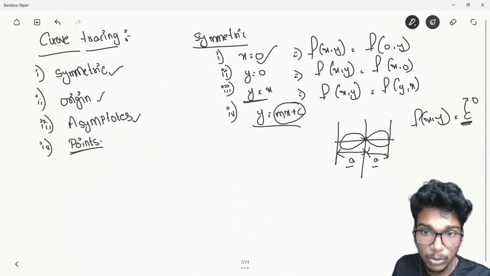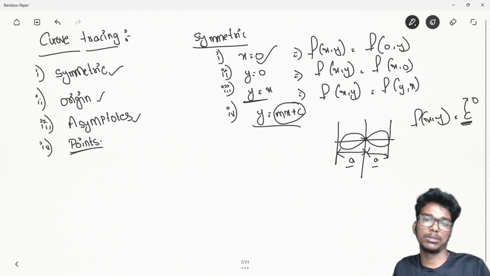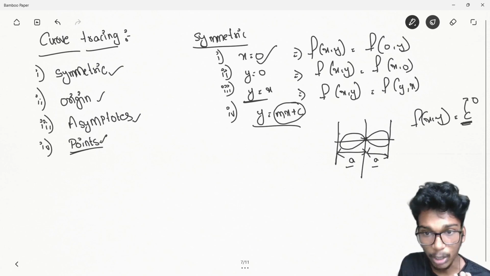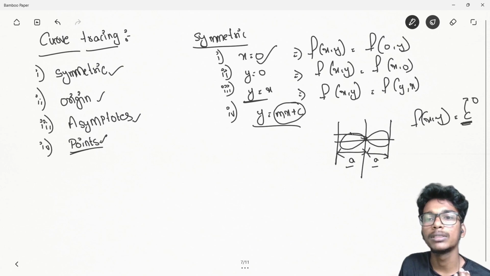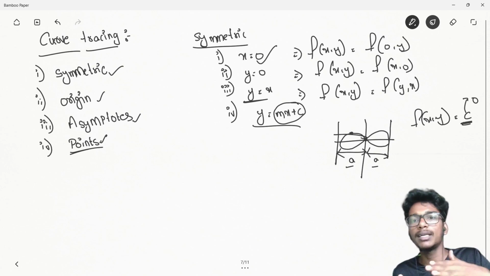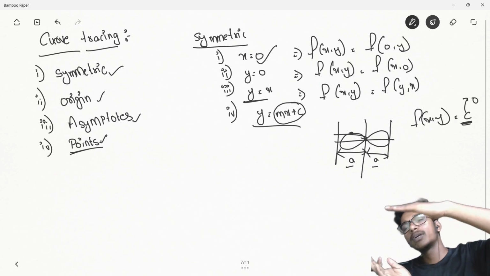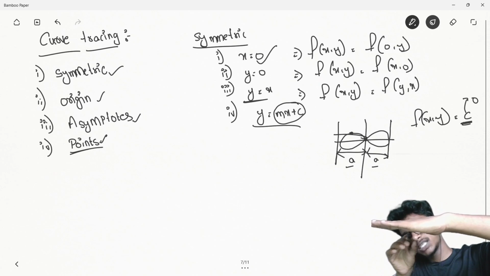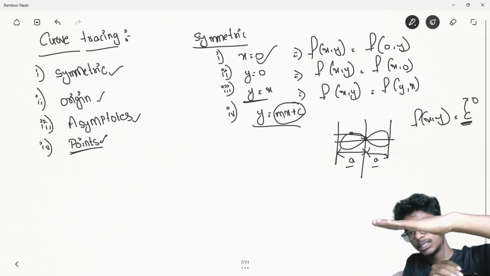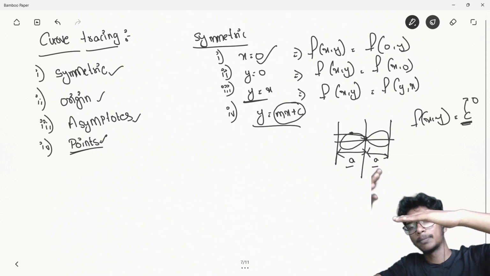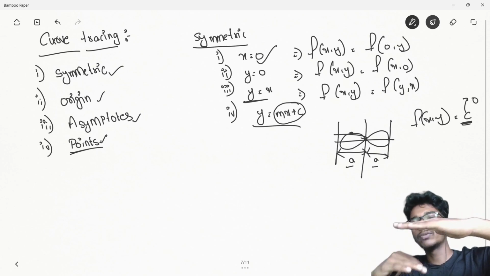Where this function is going to have a vertical tangent, it's a point, right? The point where it has a vertical tangent, the point where it has a horizontal tangent. We have to check these points. Why do we have to check the tangent? If a tangent is horizontal, that means the curve is just touching it at that point itself. That means the function can't go above this line. This is the limiting value of that function.